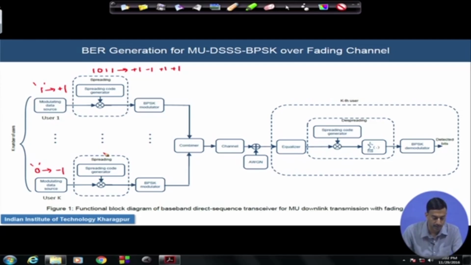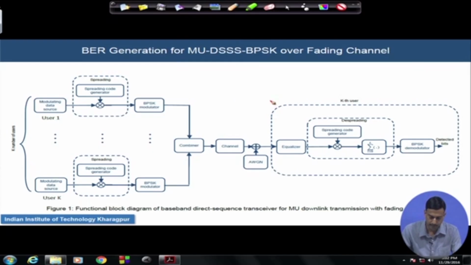For instance, we could have Walsh-Hadamard codes, and therefore these code sequences could be rows corresponding to the Hadamard matrix which we have generated previously in our tutorials where we showed the MATLAB code for its generation. As I said, this combiner in our case will be simply summing up the resultant spread signals, that is, after multiplication, what we get over here. So depending on the number of users, we will sum up the corresponding elements in order to get the composite signal.